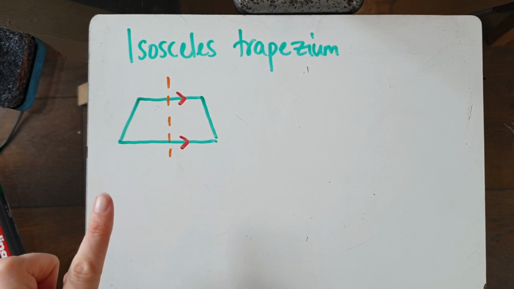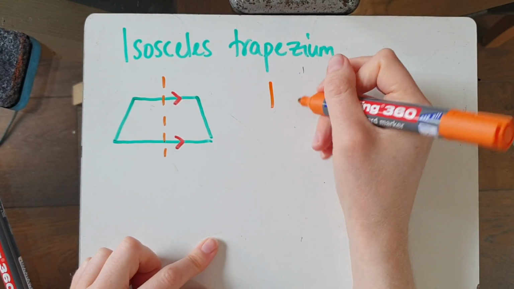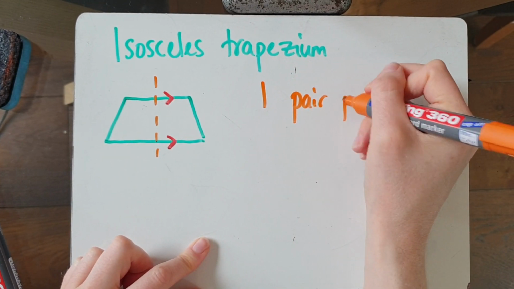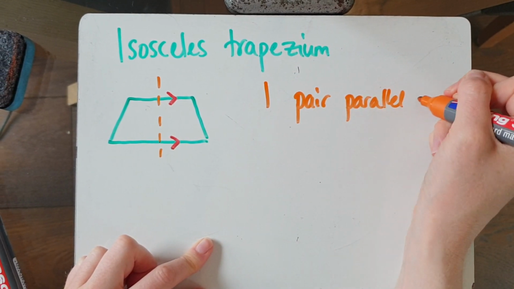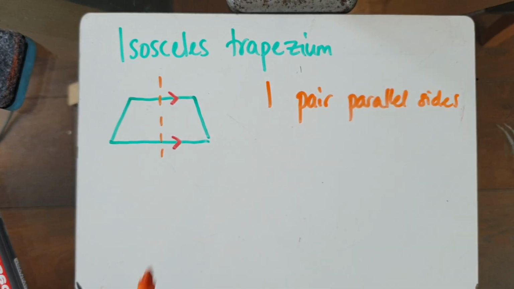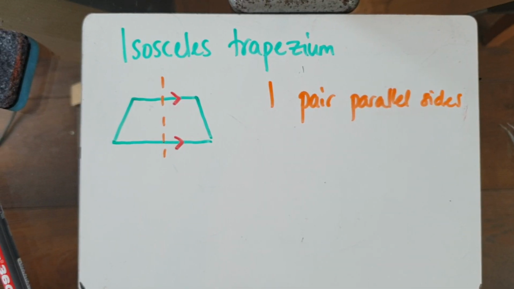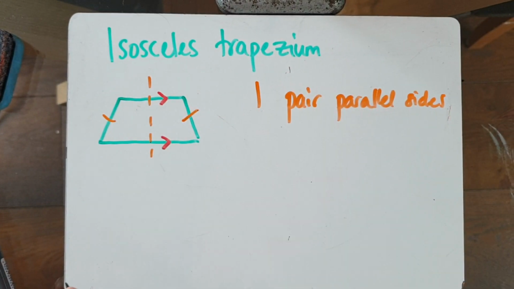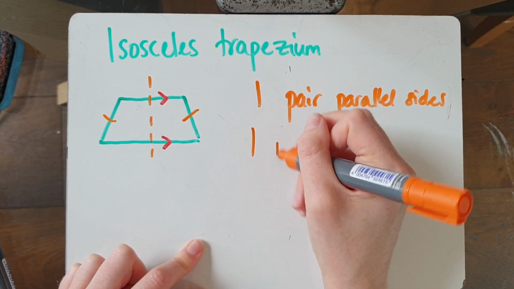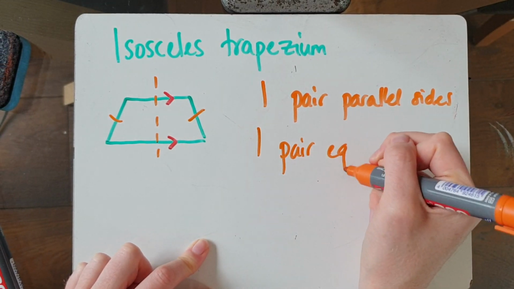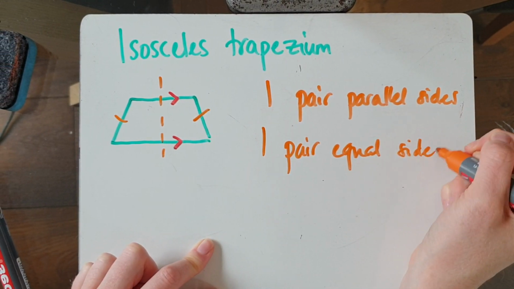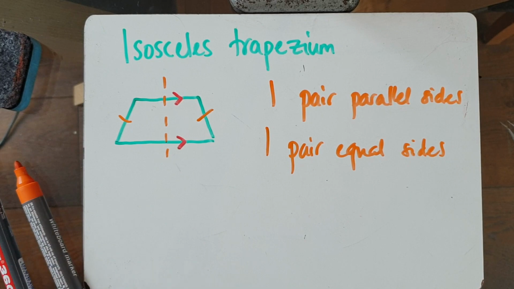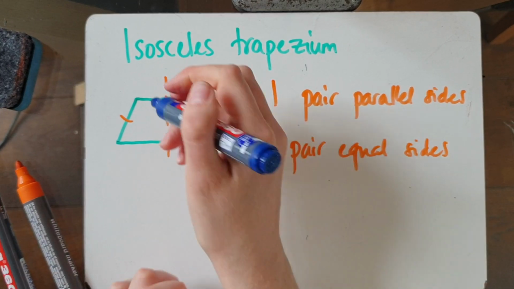Then just a little bit more about the isosceles trapezium, so copy this one down as well, please. It obviously has the condition of a normal trapezium, so one pair of parallel sides. Then it's going to have one pair of equal sides, so this side and this side are going to be the same. So one pair of equal sides. And then finally, it would have 2 pairs of equal angles.